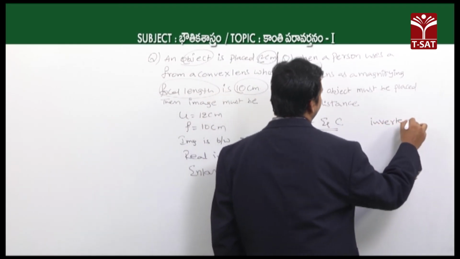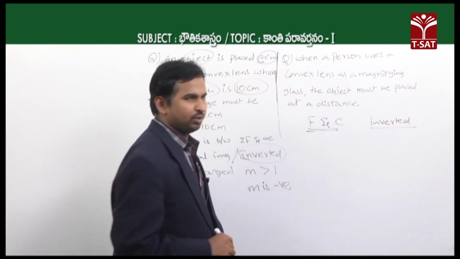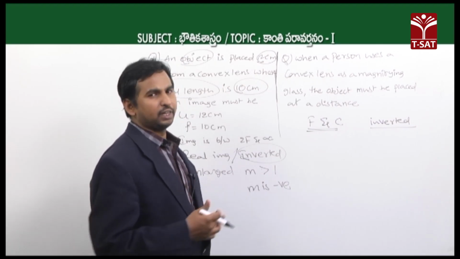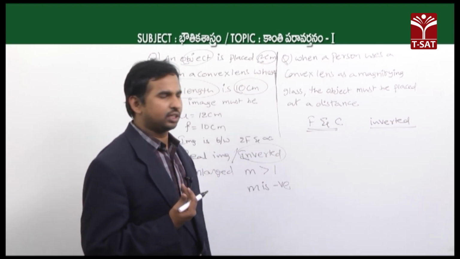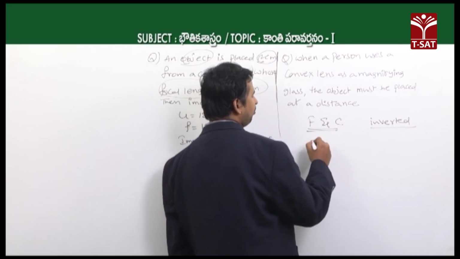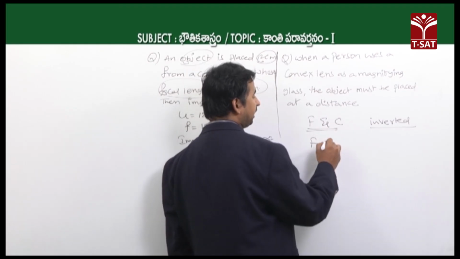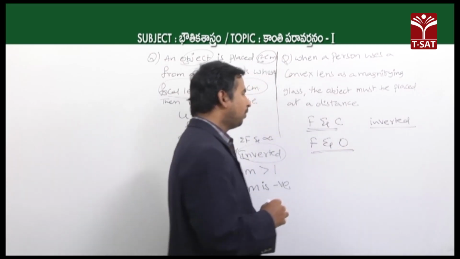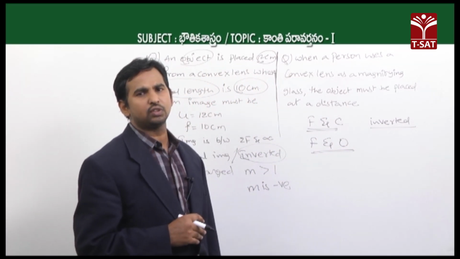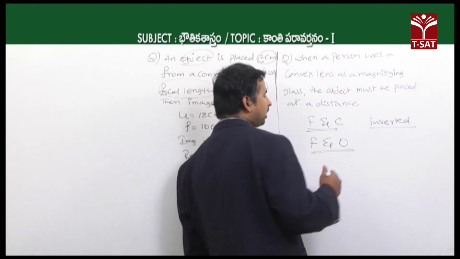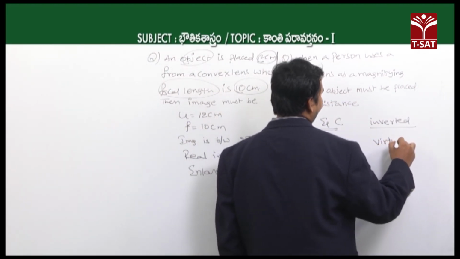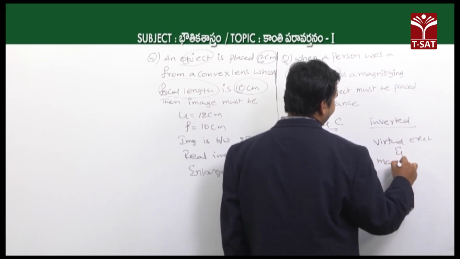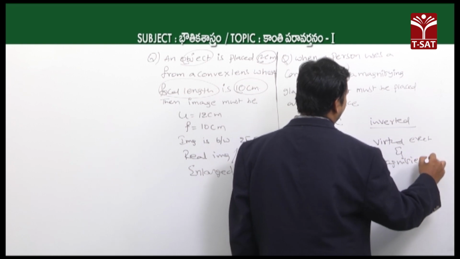Since we need a magnified image that is just like the object, we have to take the other position, in between f and O. When the object is placed between the focus and the optic center, a virtual, erect and magnified image is possible.